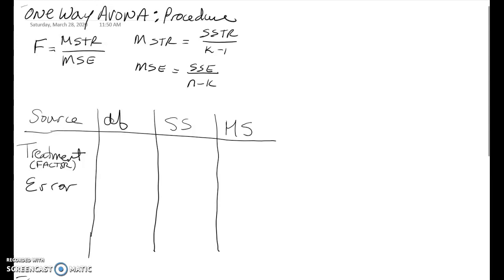So that's just taking your SSTR dividing by degrees of freedom and your SSE dividing by degrees of freedom. And then of course your last column is your F statistic. And this is what's going to help us determine whether to reject or not reject.